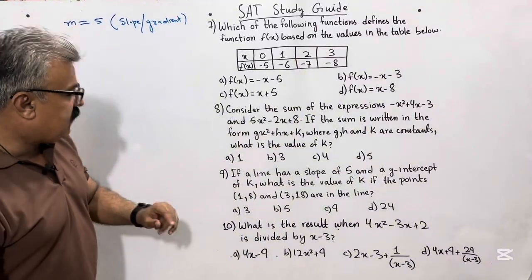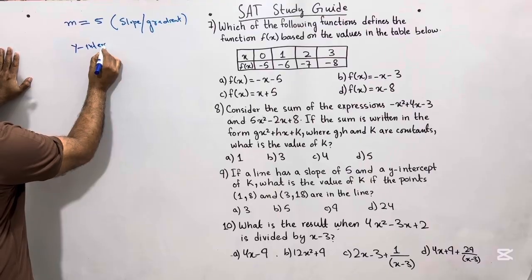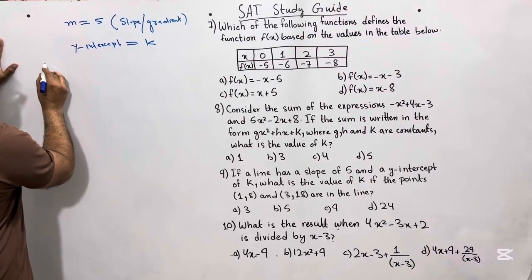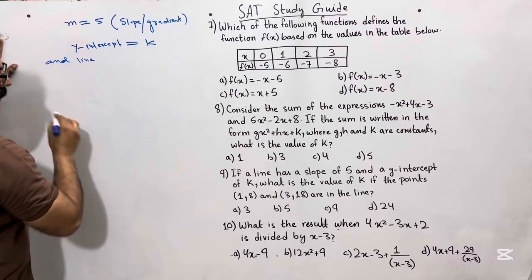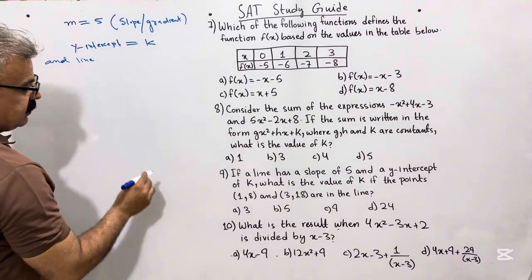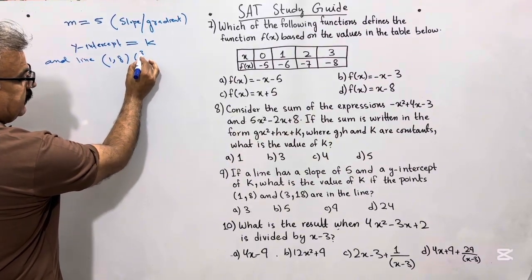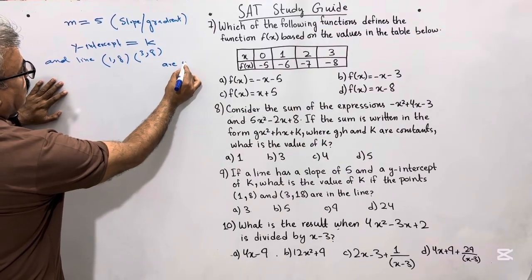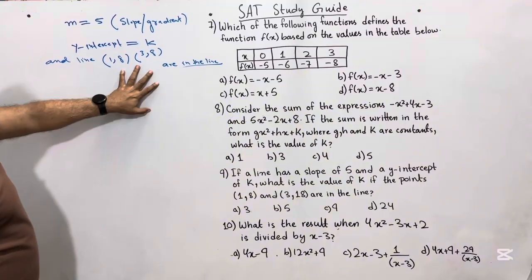And the y-intercept is equal to k, and the line passes through the points 1, 8 and 3, 18. The points are on the line, or the line passes through these two.